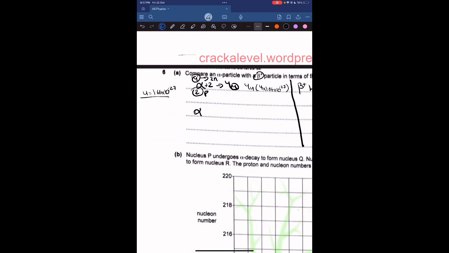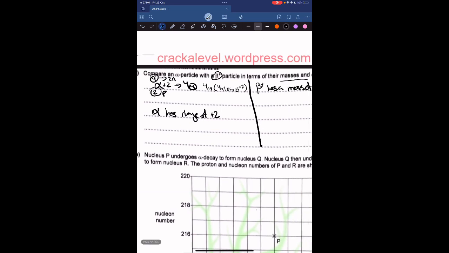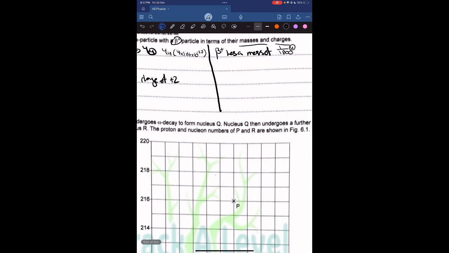Now for the charge. An alpha particle has a charge of +2. Don't write electron, just write +2. Now for beta particles: in beta negative decay, a neutron is converted into a proton, so the charge is increasing, and in order to balance that out, we have a beta negative particle.